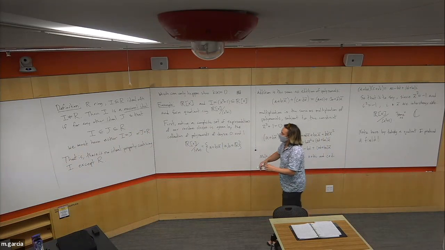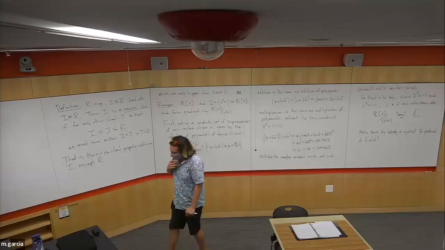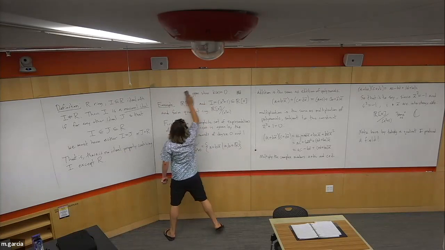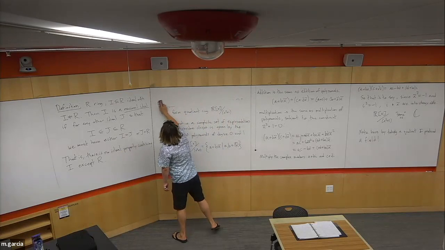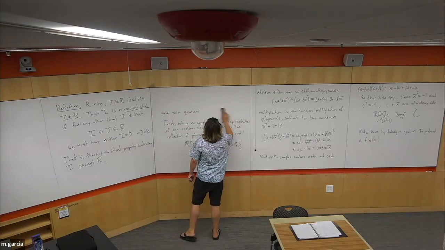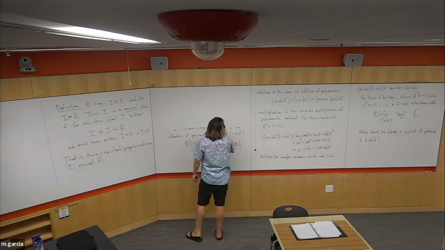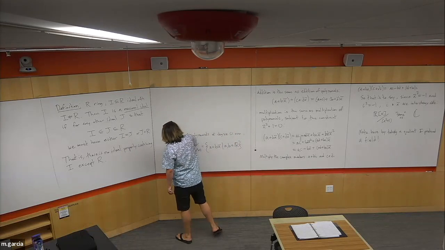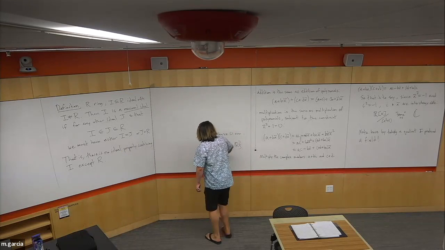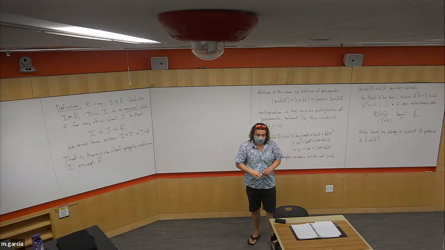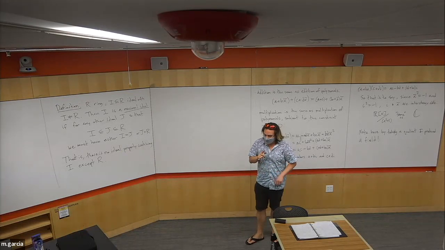Okay, now any guesses what the maximal ideals are in the integers? For which M is MZ a maximal ideal of Z? All non-zero integers?